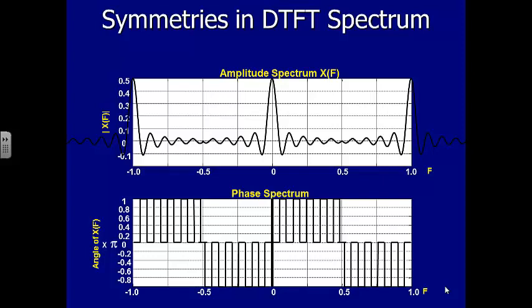Notice the phase has 0 values where this is positive, and either plus or minus 180 degrees when it flips negative. So the only phase values I'm allowed are 0 for positive values and plus or minus pi for negative values. That's if I started with a time function that was real valued and even symmetric around n equals 0.